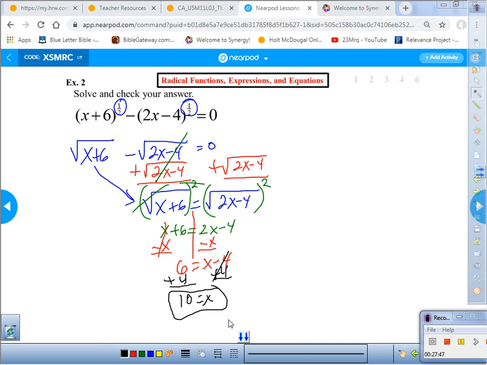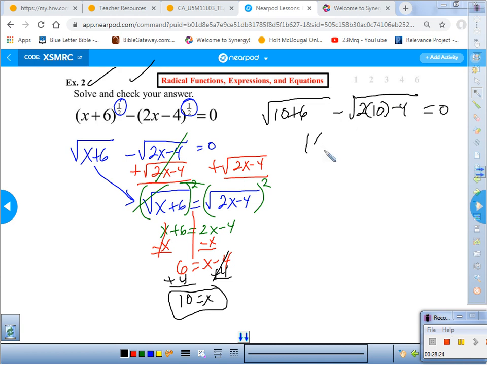All right. However, that says to solve. What do we do to check? Tell me what you would do with that value in order to check. Everyone? Substitute. So basically I would do this. I'm going to change this from a half to a radical, and it would be x plus 6, so it would be 10 plus 6 minus the radical of 2 times 10 minus 4, and all that should equal 0.